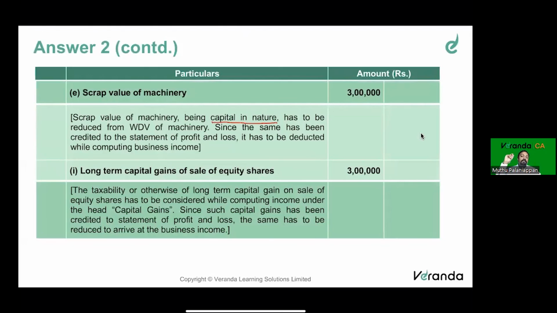In this case, the machinery block still continues, so whatever is relevant to this particular adjustment needs to be done because it is capital in nature. So this also we discussed. Long-term capital gain should be added here and considered under 112A separately.